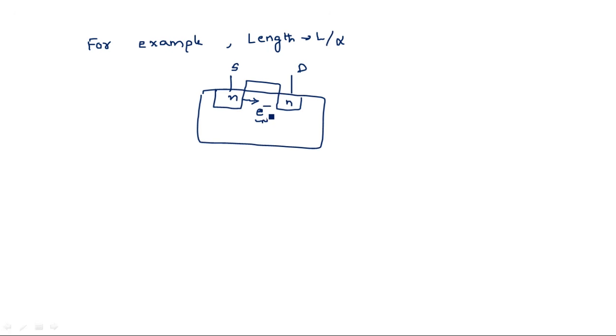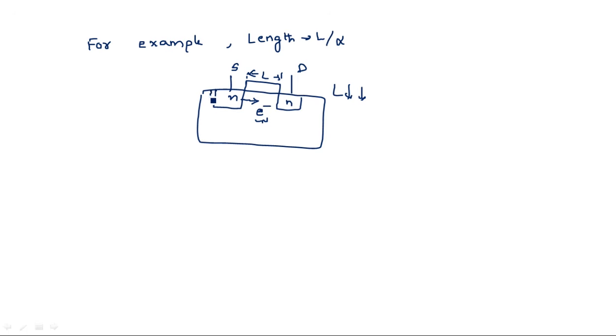Electrons must have sufficient space to move. Unfortunately, this distance is shown by L. If L is reduced by a factor alpha, there may exist no gap between the source and drain for the electron to move.